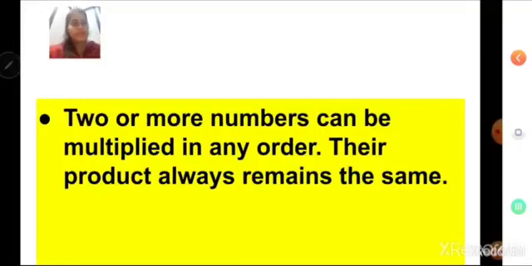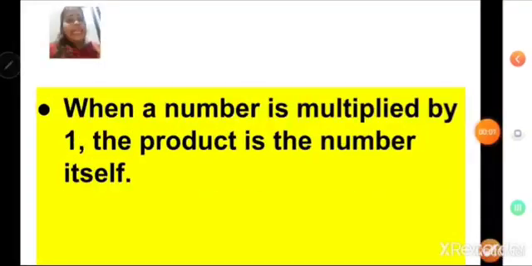Okay children. Now the next multiplication fact is: when a number is multiplied by 1, the product is the number itself. When you multiply any number, for example 2, 4, 12, 45, any number, with 1, the answer or the product will be the number itself.